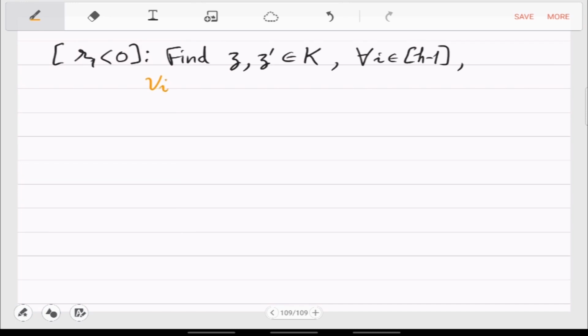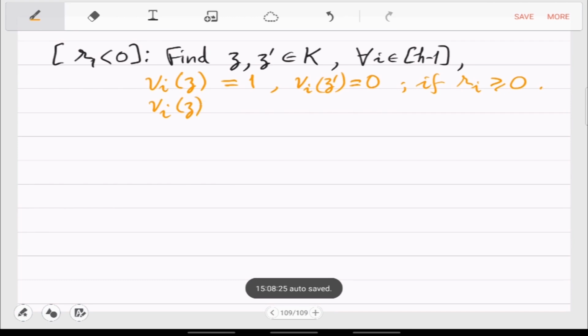So Vi(Z) should be 1, while Vi(Z prime) should be 0 if Ri is non-negative, and opposite otherwise.